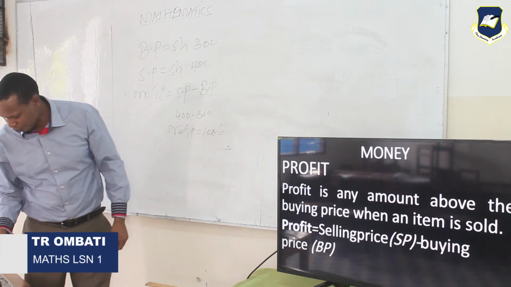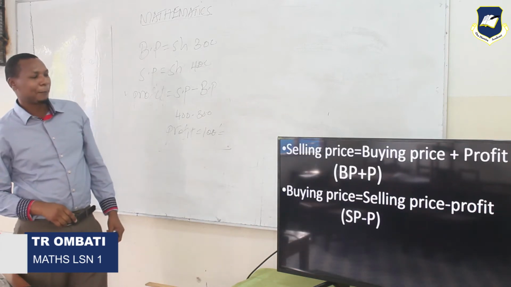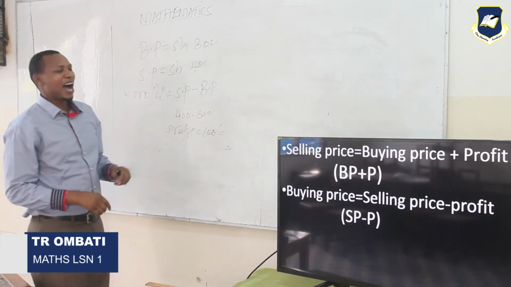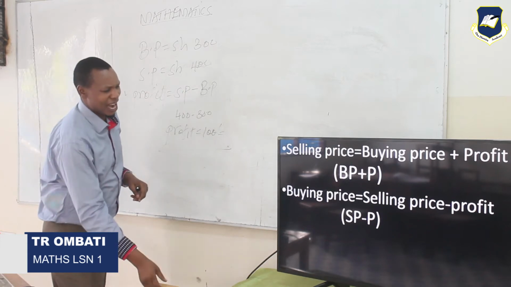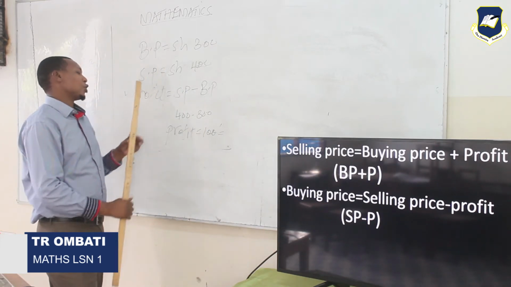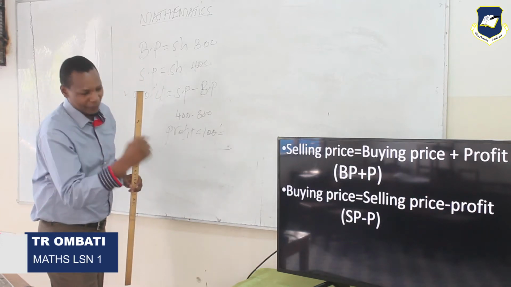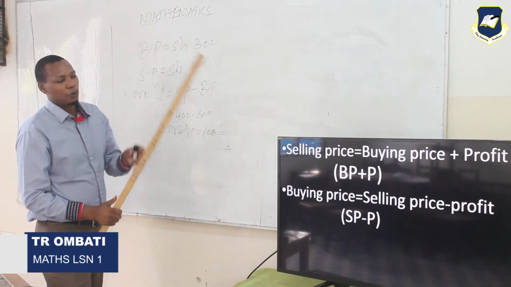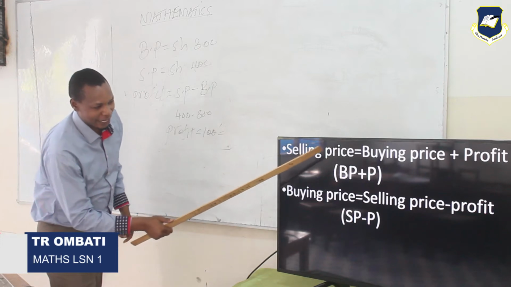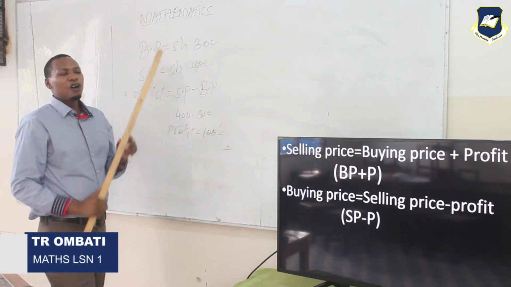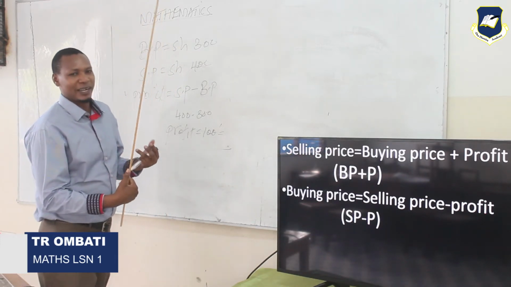So, let's now move to the next step. This is what I was teaching. How do we get the profit? The profit is equal to the selling price minus the buying price. Then we might be asked to find the selling price. How do we find the selling price of an item?